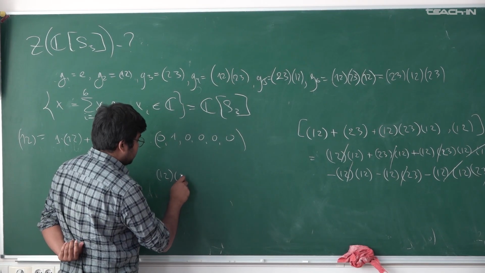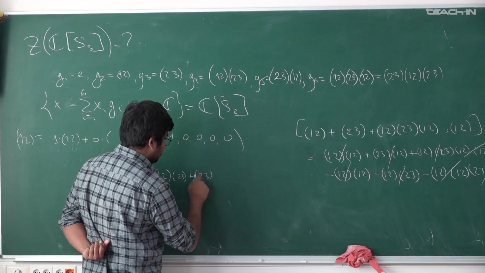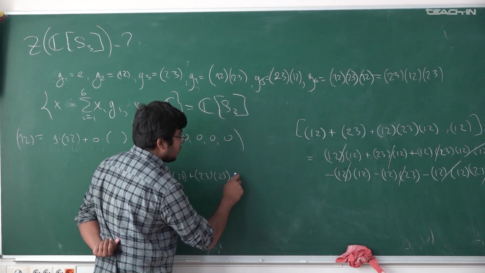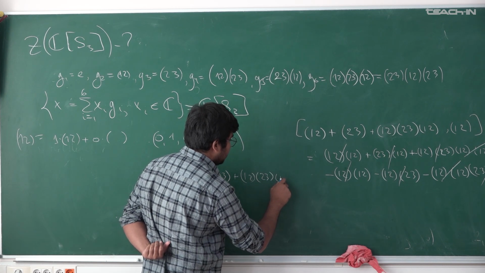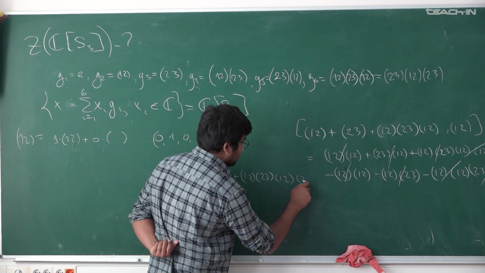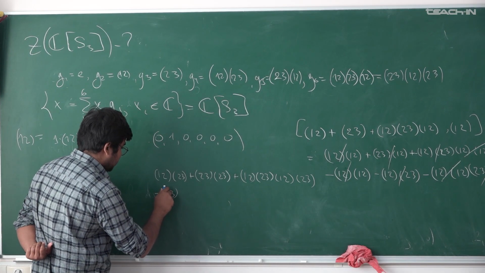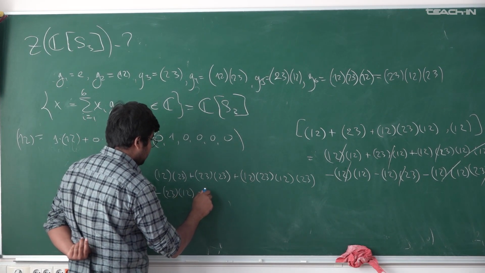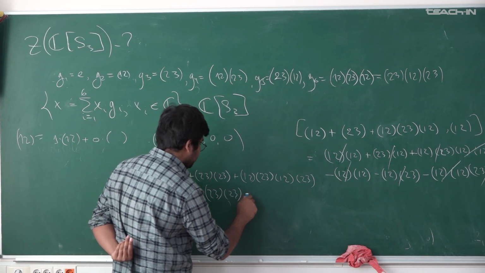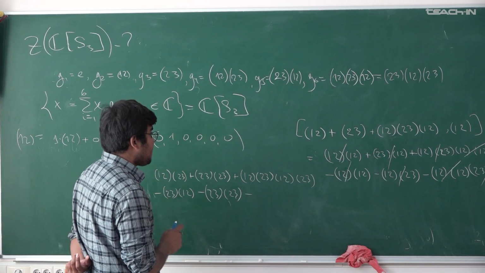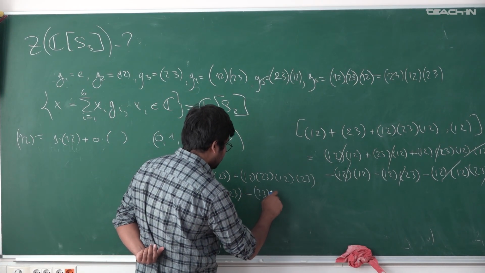1, 2, 2, 3, plus 2, 3, 2, 3, plus 1, 2, 2, 3, 1, 2, 2, 3, minus 2, 3, 1, 2, 1, 2, 3.